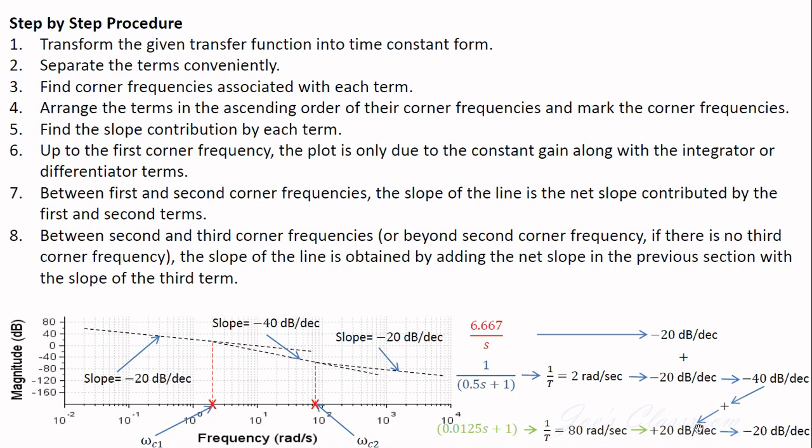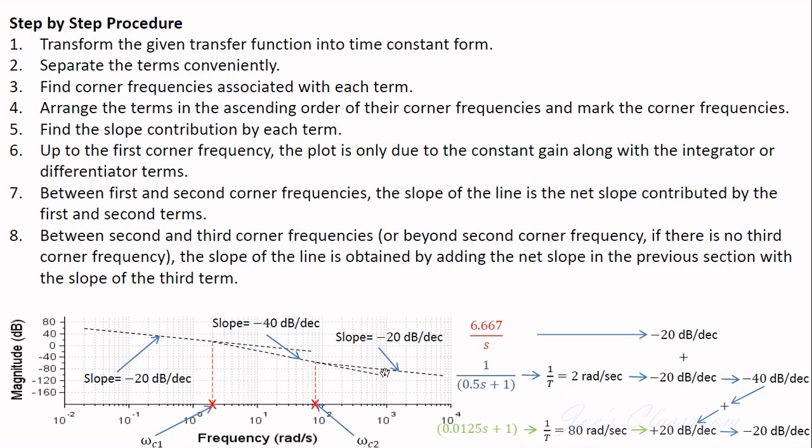So starting from this second corner frequency, you have to draw a straight line with a slope of minus 20 decibels per decade.